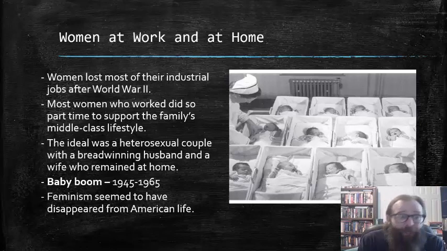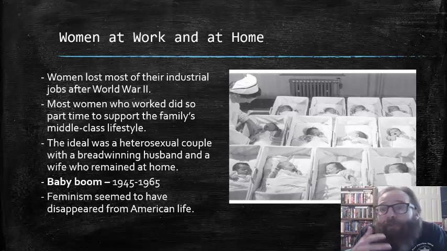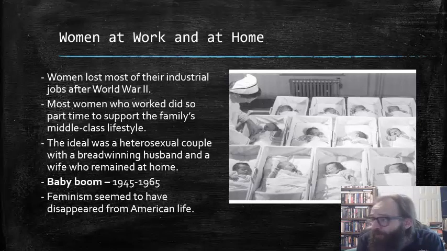Speaking of children, the period between 1945 and 1965 saw the phenomenon that became known as the baby boom, as most of these GIs who were returning home after the war very quickly desired to get married and get a stable job and purchase a home to try to capture some sense of normalcy and consistency that was in many ways a response to their traumatic experiences of the war itself.